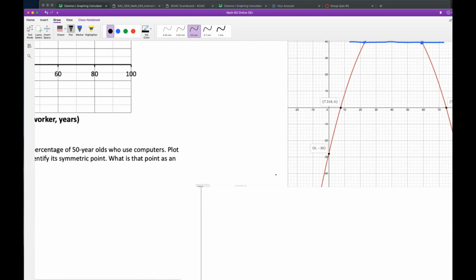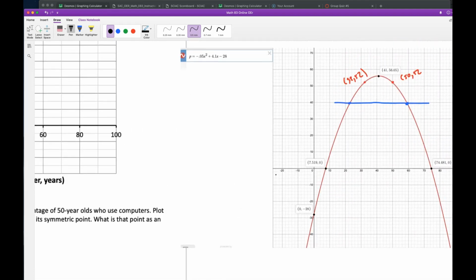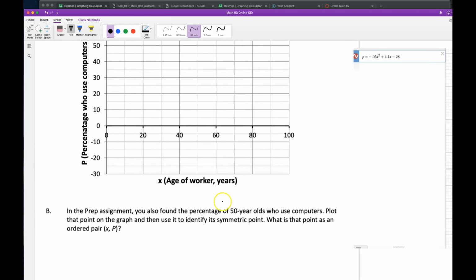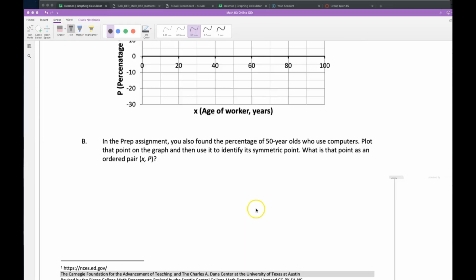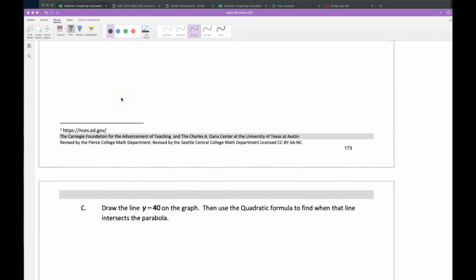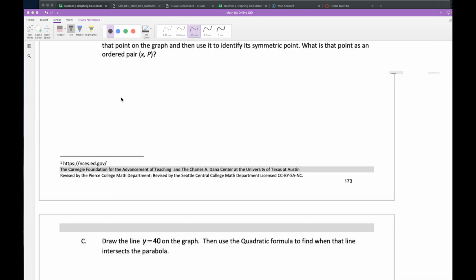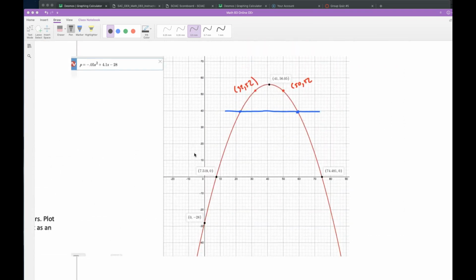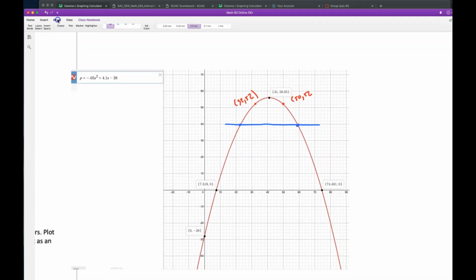And then answering the questions here, the questions you're looking at for B, C, D, and E are over here in the graph. Let me zoom in a little bit.